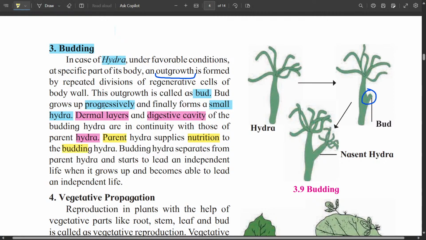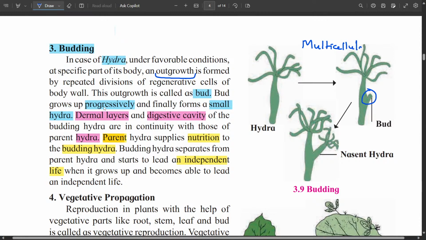Then the budding Hydra separates from the parent Hydra after maturation, when it grows up and becomes able to lead an independent life and starts to lead it. So this is budding in multicellular organisms.